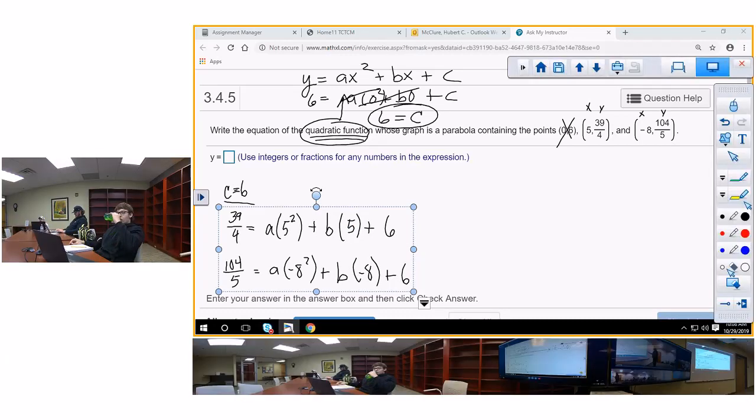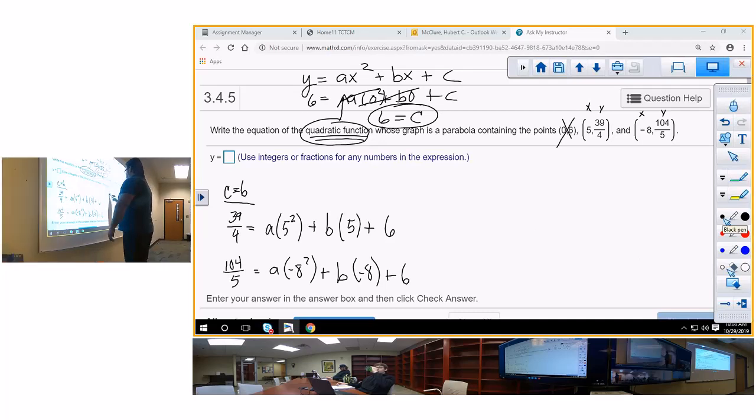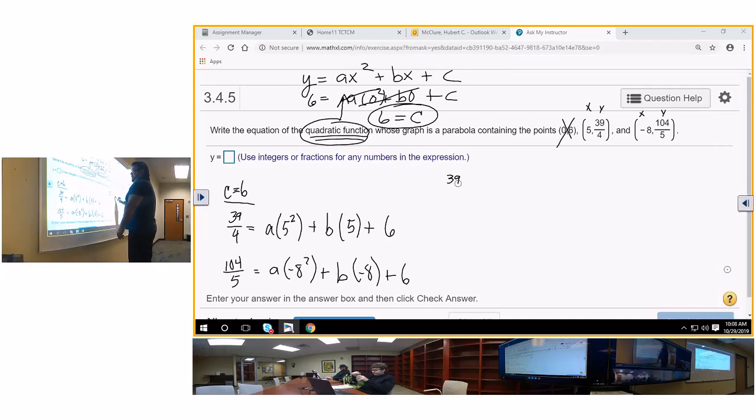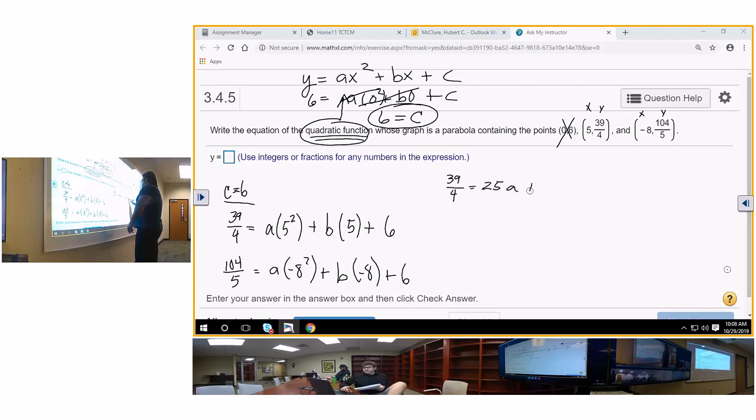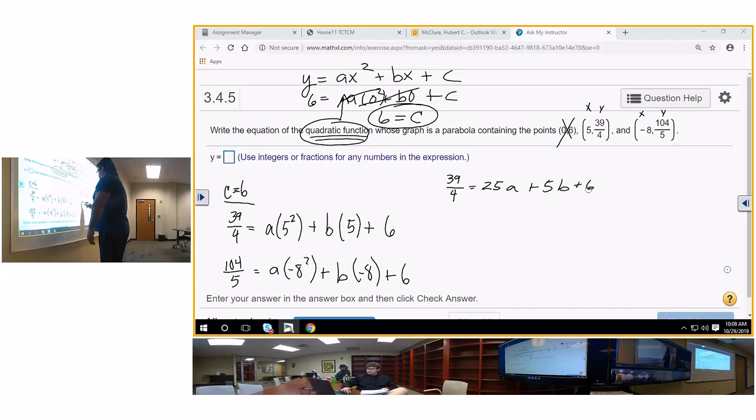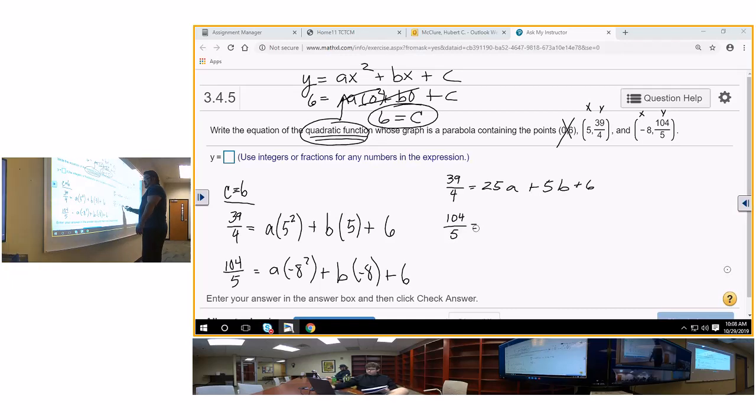All right, so here we go. 39/4 is equal to 25A plus 5B plus 6. 104/5 is equal to 64A minus 8B plus 6.